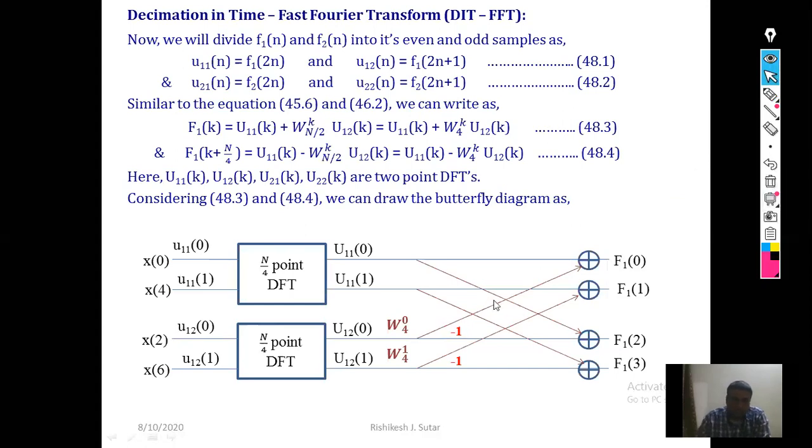So this is the butterfly diagram for f1 of k and f1 of k plus n by 4. Similarly, just like I did it for f1 of k, I can do it for f2 of k also, like f2 of 0, f2 of 1, f2 of 2, f2 of 3.